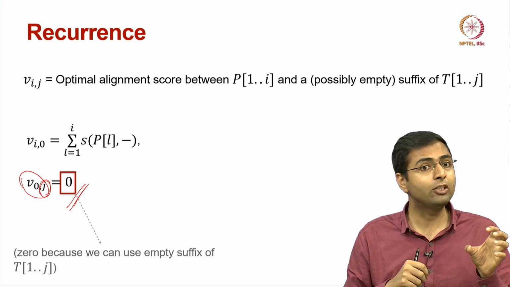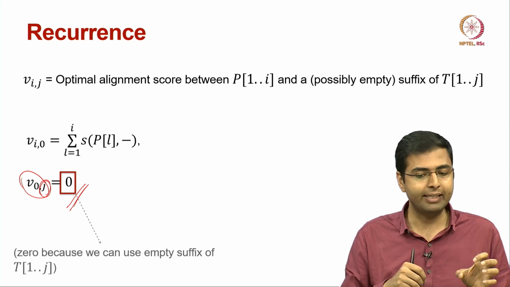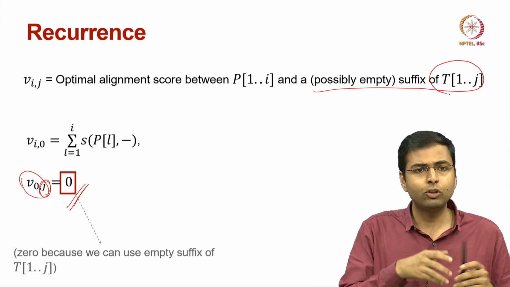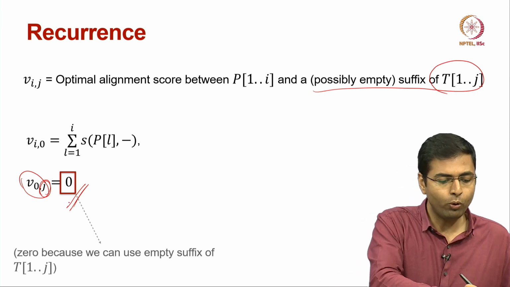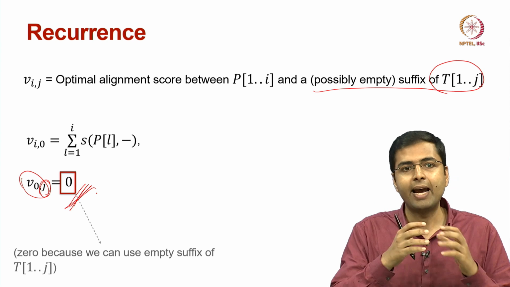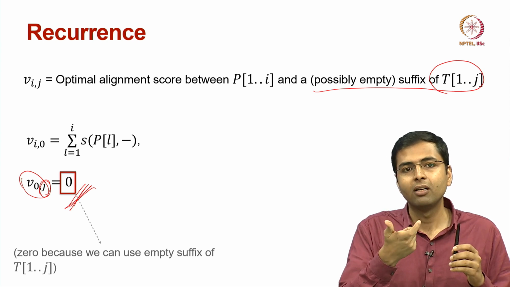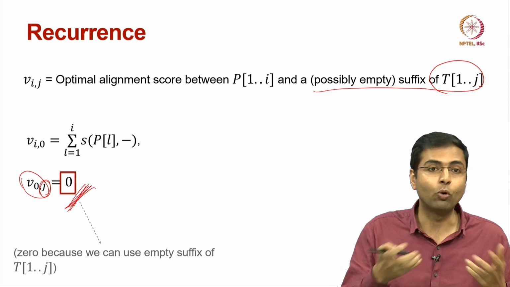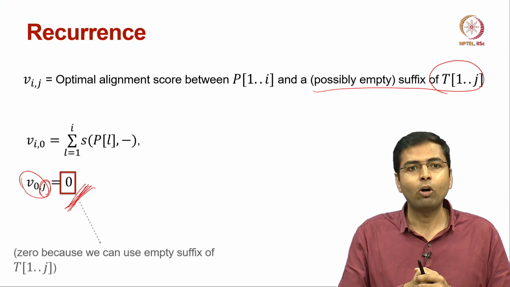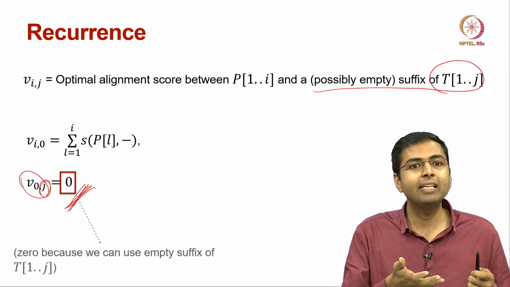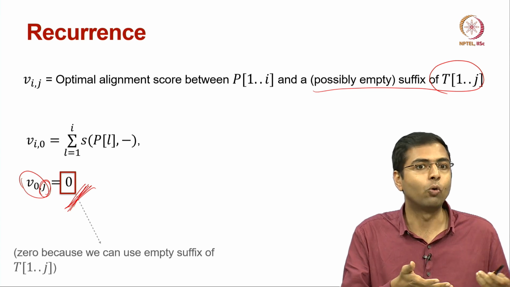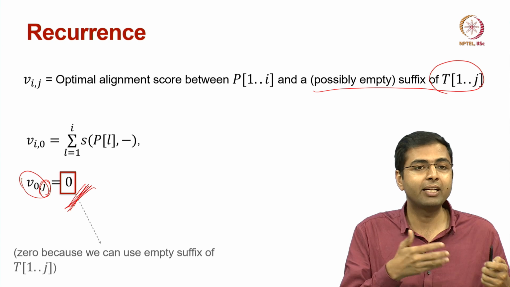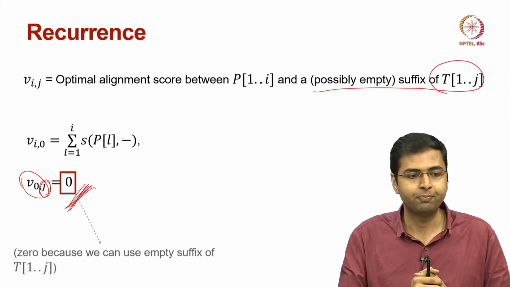Because now I can choose an empty suffix of T1 to j as well, and if I choose an empty string then I do not need any alignment at all. So, I can use 0 alignment operations and I get a best alignment score of 0, because in this case using an empty string will give us the best score. Otherwise, I will have to align against dash symbols, which will give us negative scores.